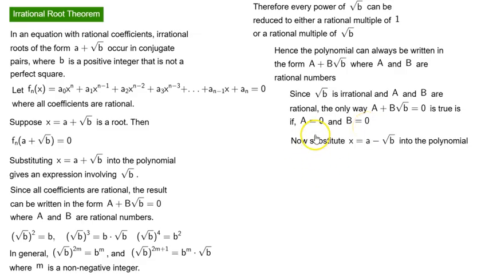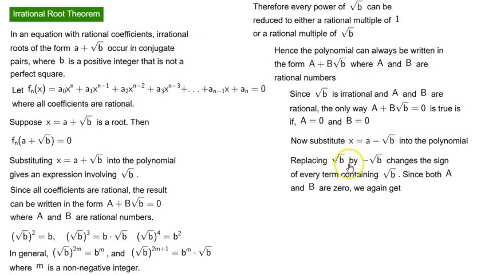So now let's substitute x equal to a minus root b into the polynomial, because this is the crux. This is what we are trying to prove. Replacing root b by minus root b changes the sign of every term containing root b.